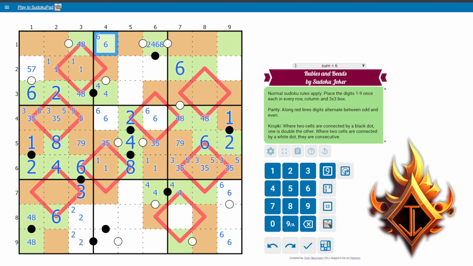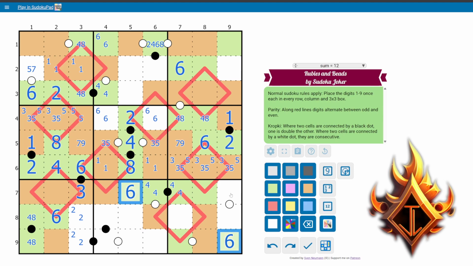But it's also making an X-wing there. So it'll go in one of those. And it can't go at the bottom because this would be a 5 or 7. Neither one of those works with the black dot key. So those get put like that. They are indeed even. That becomes odd. Oh, that is wrong.